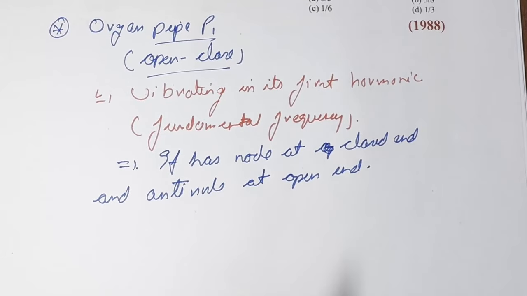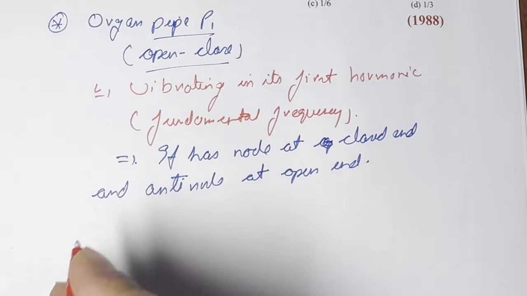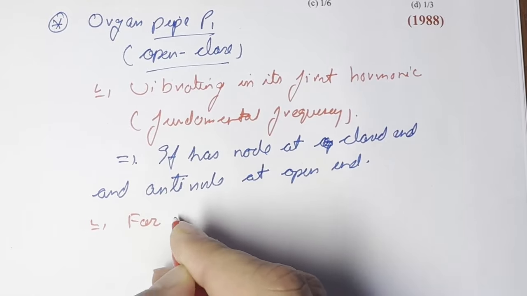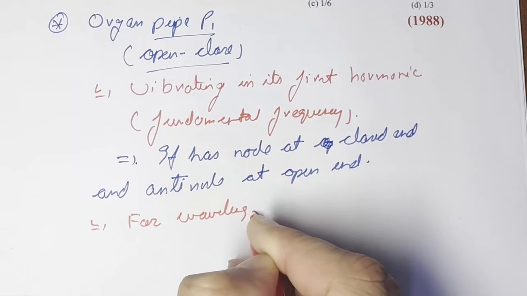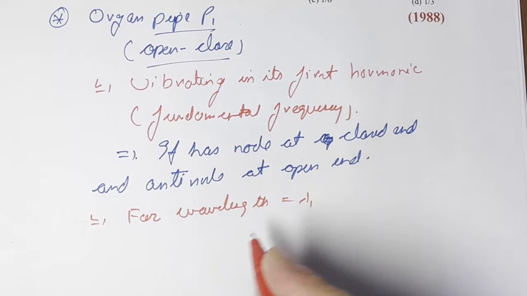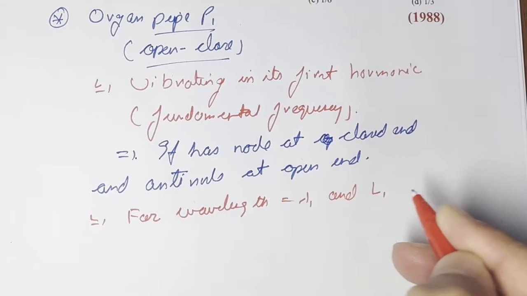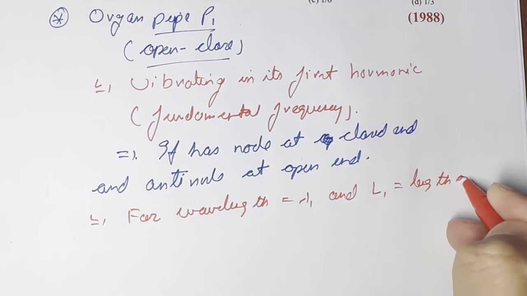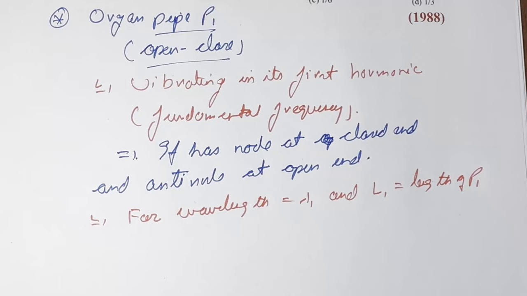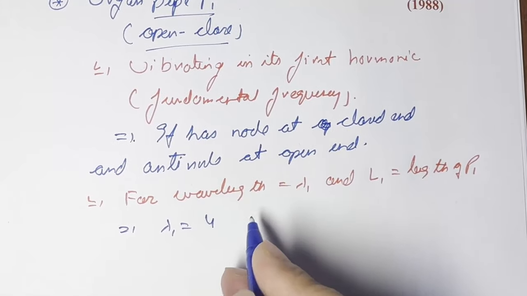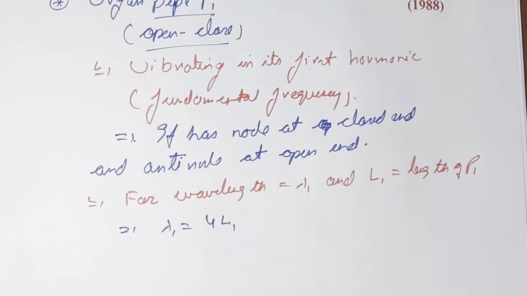So if lambda 1 is the wavelength and L1 the length of P1, we can write that L1 is equal to lambda 1 by 4, so lambda 1 is equal to 4 times L1.